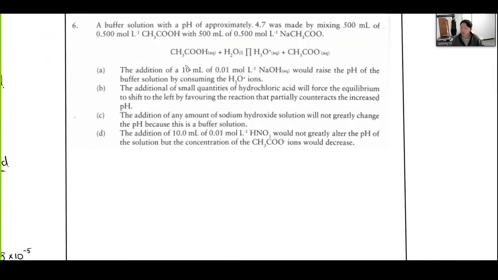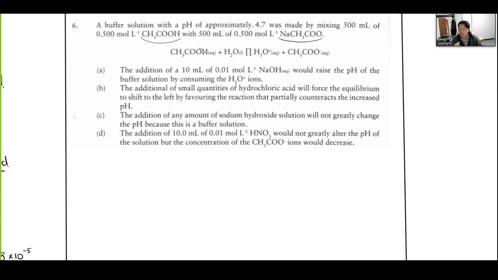Okay. A buffer solution with a pH of 4.7 was made by mixing 500 ml of this much concentration of that and 500 ml of sodium acetate. So equal concentration, equal volume, exactly the same ingredients, okay?